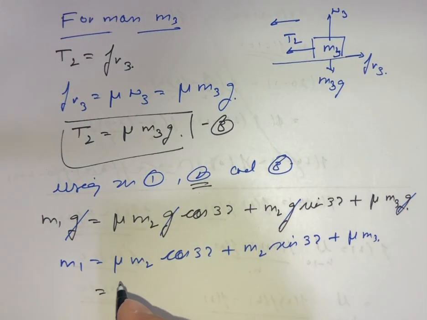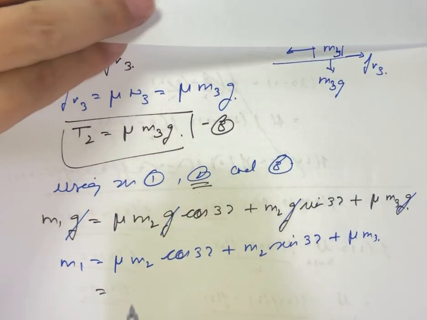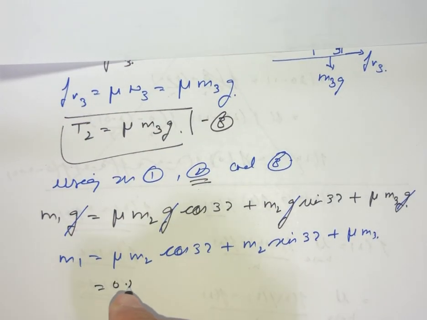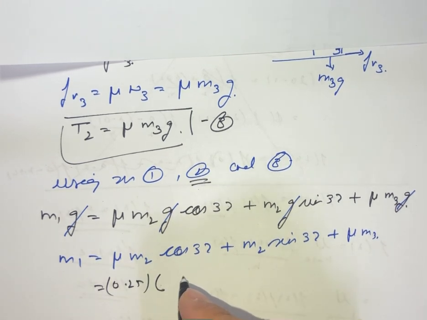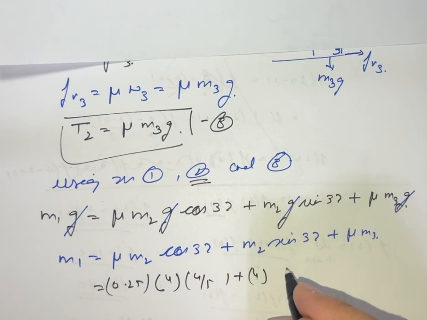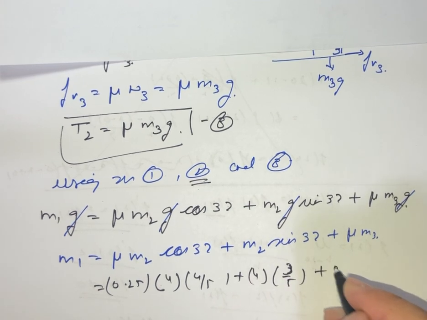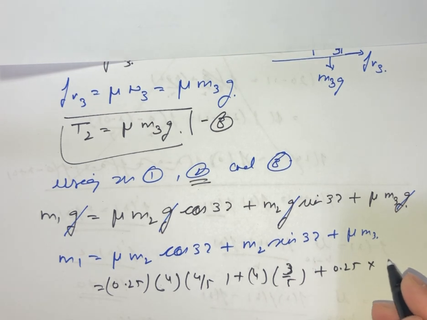Mu is given as 0.25, so this is 0.25. m2 mass is given as 4 kg each. 4 cos of 37 is 4 by 5, plus m2 is 4, sine of 37 is 3 by 5, plus mu is 0.25, and we have m3, that is our 4 kg.